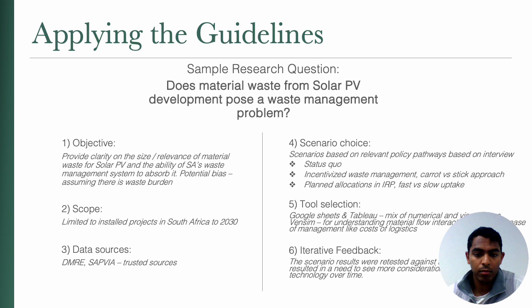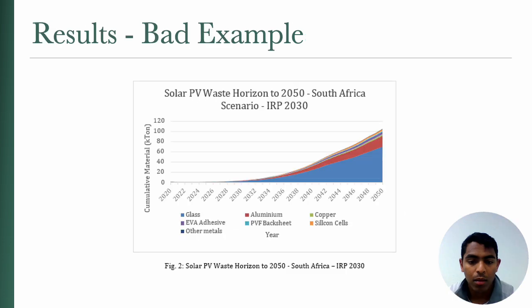In the next slide, I will be going through some considerations around the visualization. This is an example of a bad visualization for our case study. It is an Excel sheet generated graph depicting the waste horizon for this solar PV waste up until 2050 in South Africa, based on the current IRP.